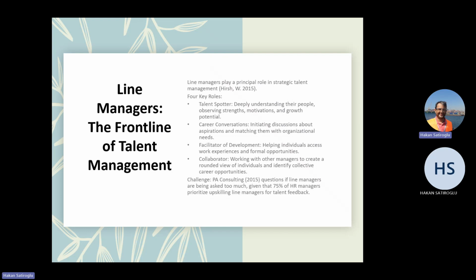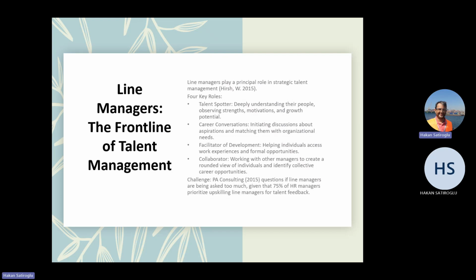So line managers play a principal role in strategic talent management. The front line of talent management is really important. They are the nerves of the system, and they create a bridge between strategic intent and individual development. They are the talent spotters and career enablers on the ground.